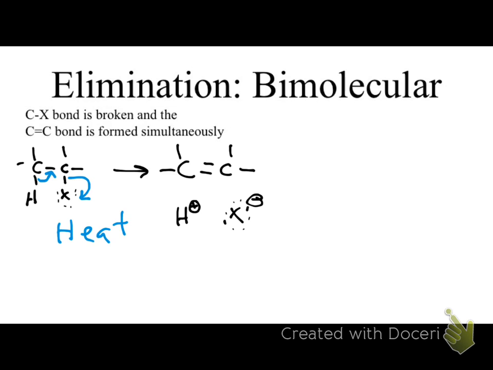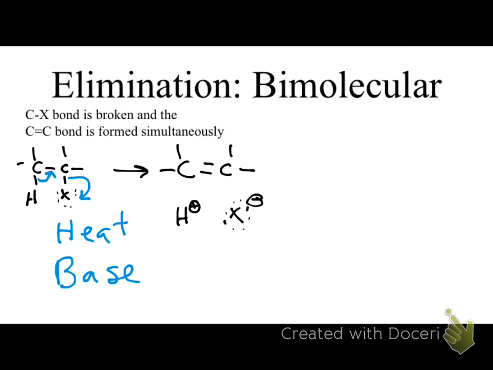The other big one would be a base. What characteristic of a base is going to help us out here? An electron donor? Kind of close. We're having our alkyl halide act as what kind of a species? What did it do? It donated what? A proton, making it a Bronsted-Lowry acid.